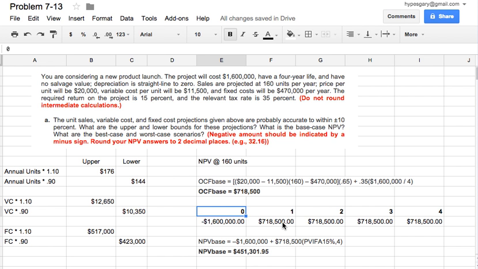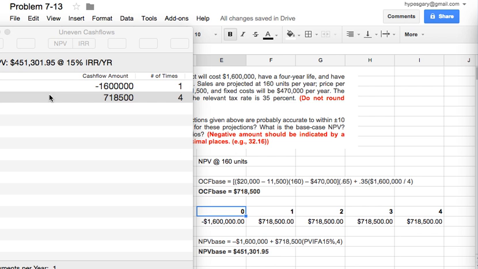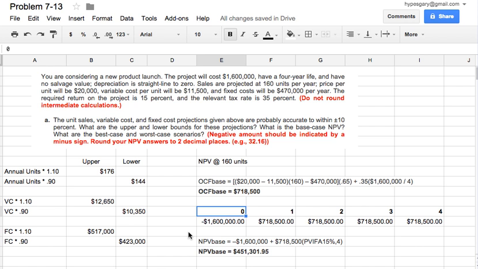When I run the cash flows in and outs through my financial calculator, you will notice I get $451,301.95 at a 15% discount rate. I reflected that item below the visual aid.